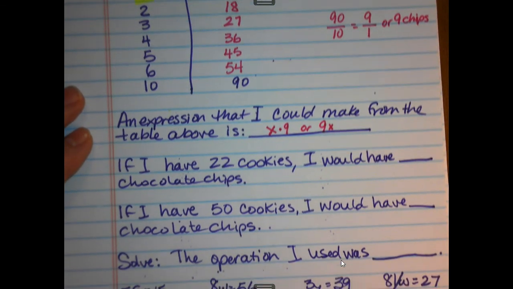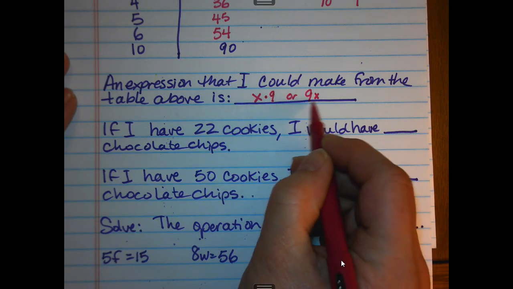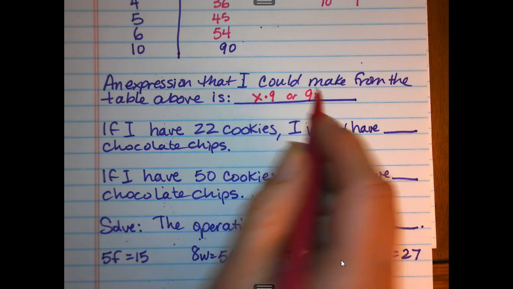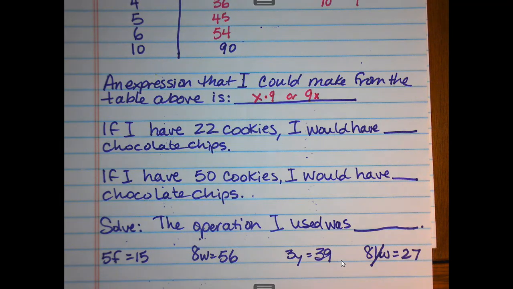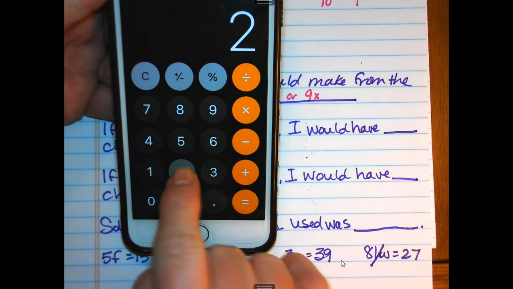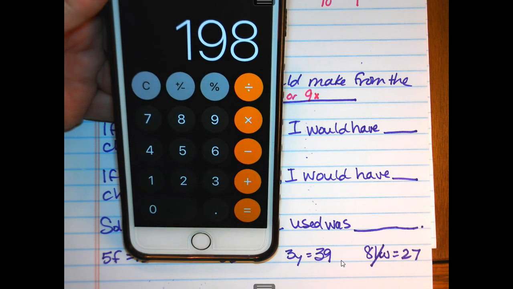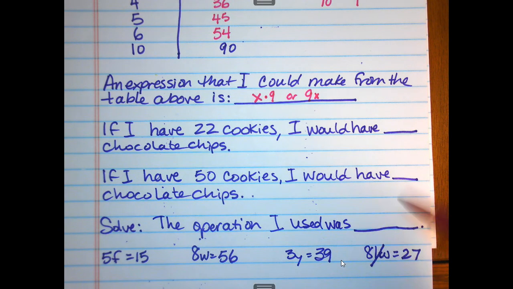So then I can move on down here, and I'm going to take this idea up here, and I am going to multiply. And I'm going to get my calculator out here again, just so we can be efficient with my time with you here. I have 22 cookies, so I'm going to put 22 times 9, and that would give me 198 chocolate chips.